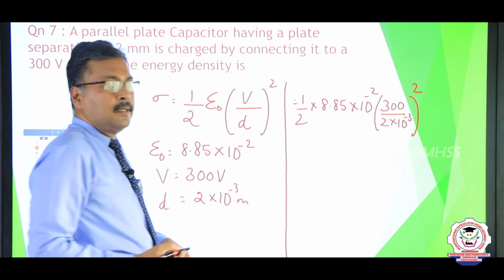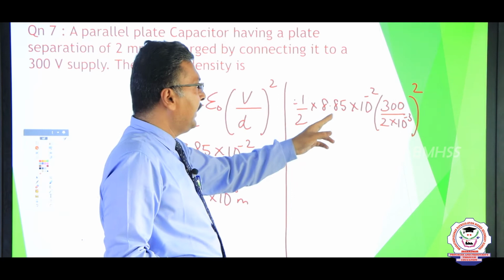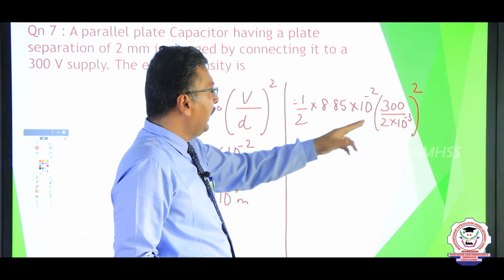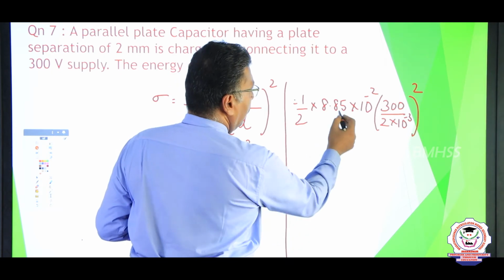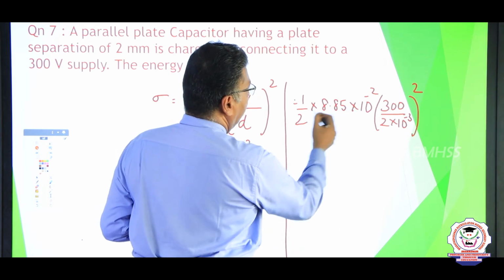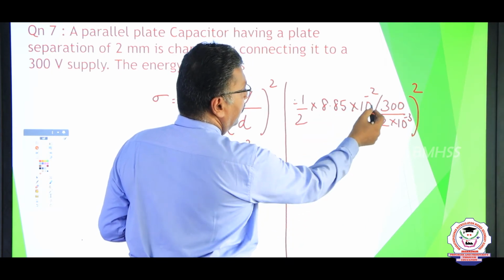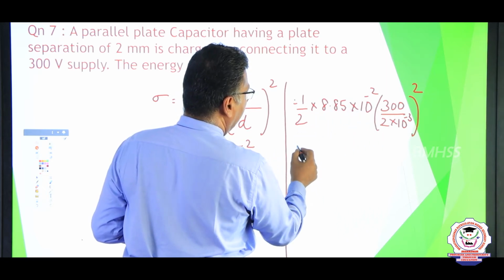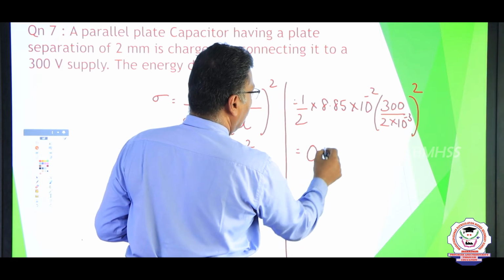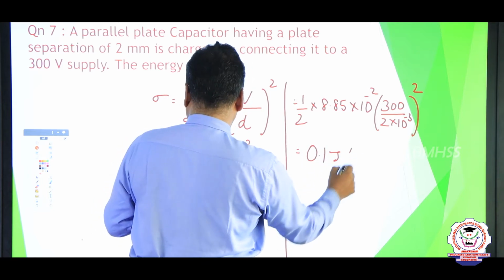So you first work on the numbers. 9 into 9 is 81, 81 by 2 is 4.5, by 2, 2.25. So you get around 0.1 joule per meter cube.